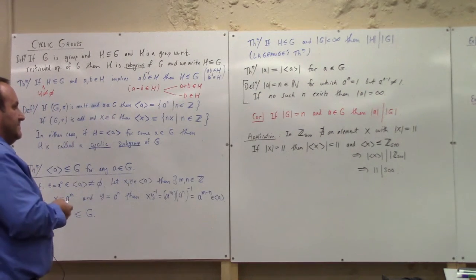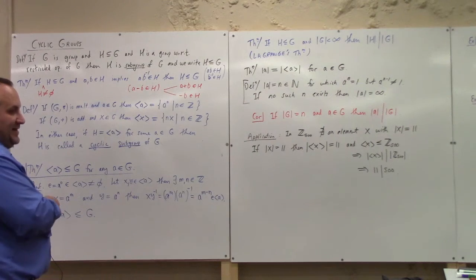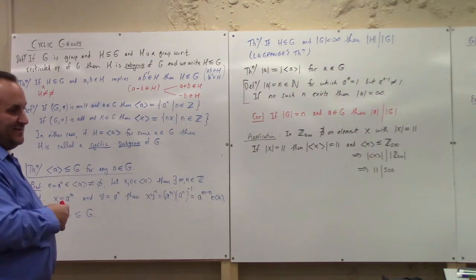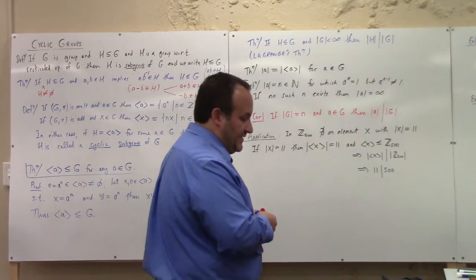You need to redefine the meaning of numbers to get that one to work. You have to change the meaning of 11, 500 for that to be true.